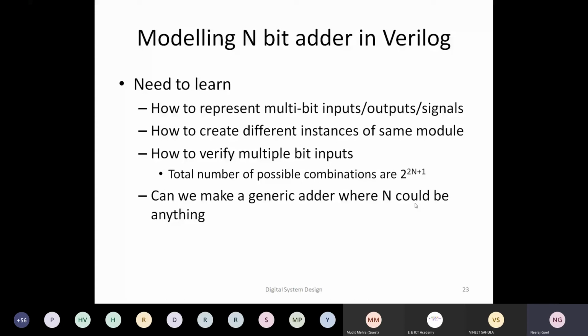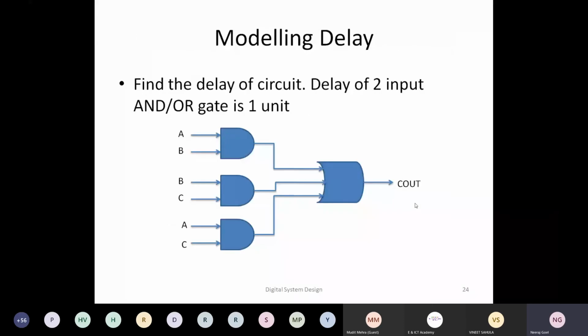Now the second point is about delay. Again, I'll ask a question here before actually modeling, so let's understand this question. Can you tell me what would be the delay of this circuit? Let us say our 2-input AND gate or 2-input OR gate will have 1 unit of delay.